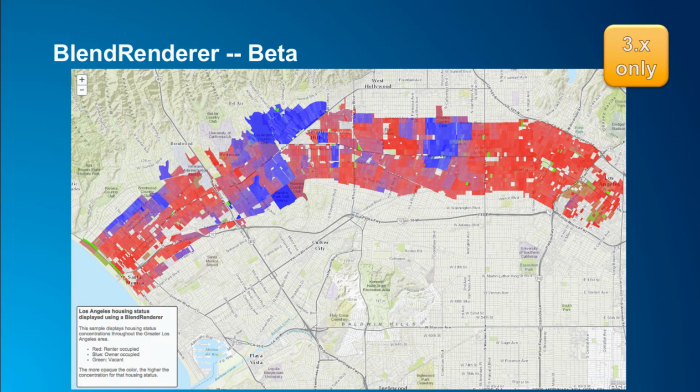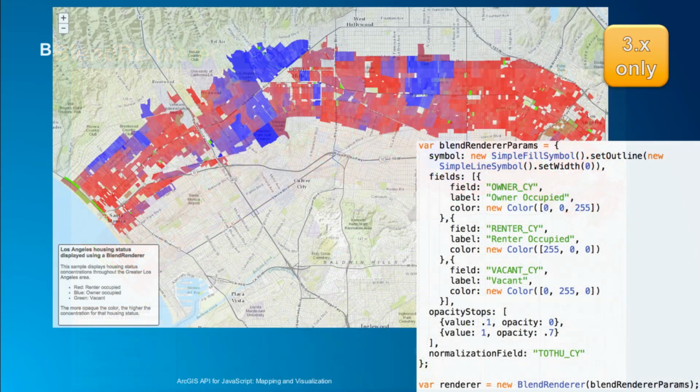Another example that we explored in 3x, which I'm not sure how well it worked, is the notion of a blend renderer. This is similar to dot density, where you look at 3 different attributes, so owner occupied, renter occupied, and vacant, but you use opacity as the thing that blends the colors together.